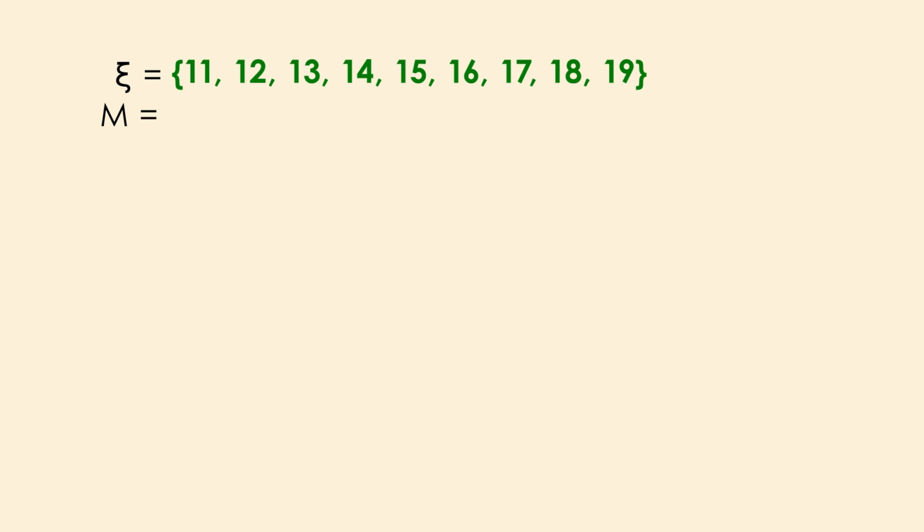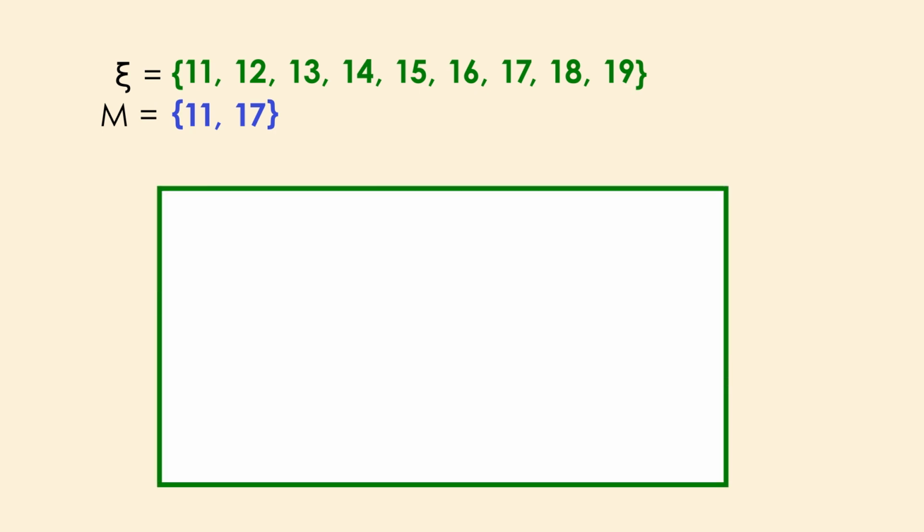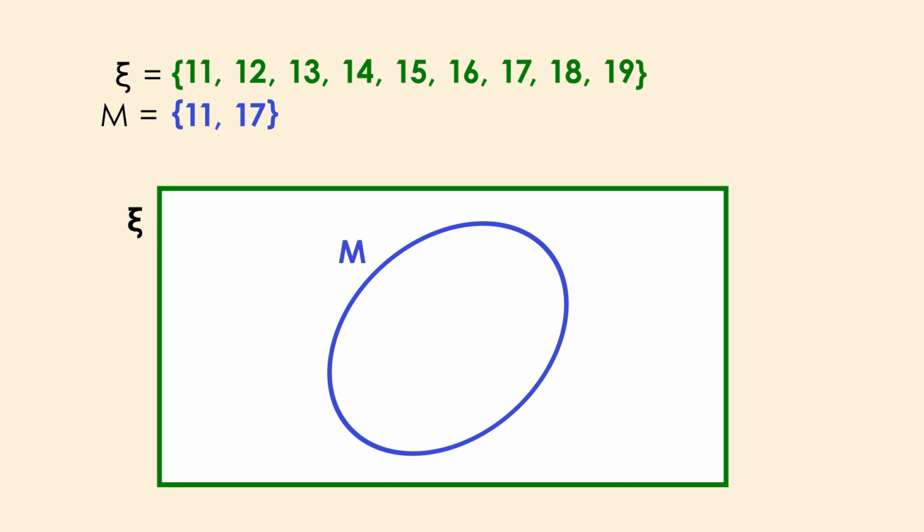Elements of set M are 11 and 17. So now, let's represent them in the Venn diagram. First, draw a rectangle to represent the universal set, followed by an oval to represent set M. Next, label both geometrical shapes with the correct symbols.